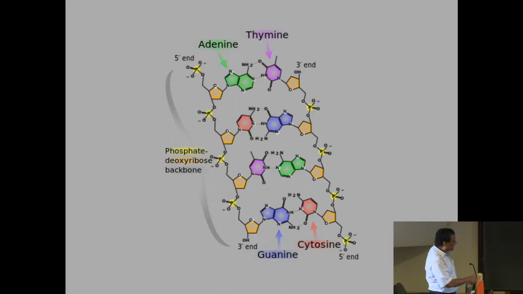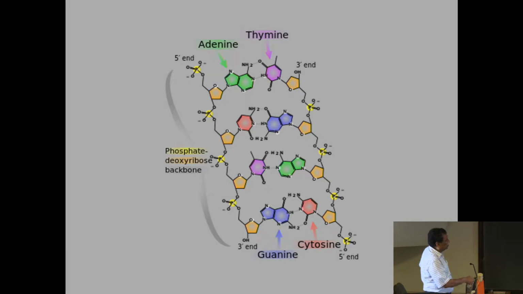And then attached to each of the sugars is a base. The base can be either this double ringed structure called adenine, or this single ring structure called thymine, or this single ring structure called cytosine, or this double ring structure called guanine, right? These are the 4 bases. So in DNA, adenine is always paired with thymine, and cytosine with guanine.